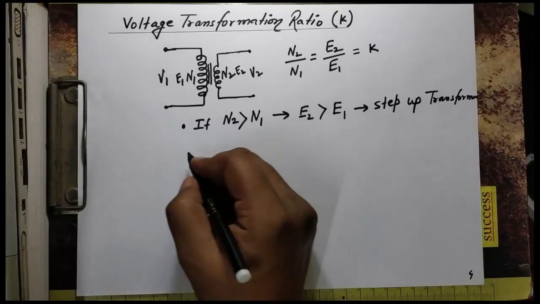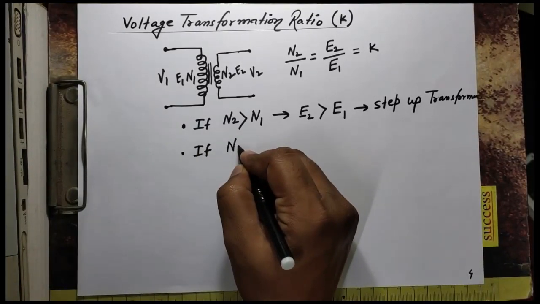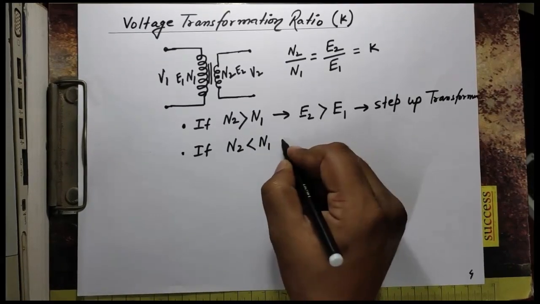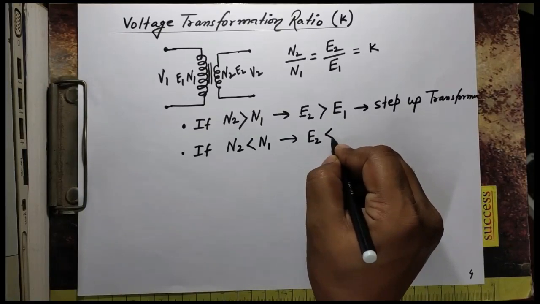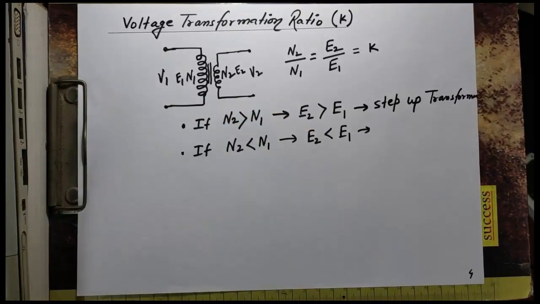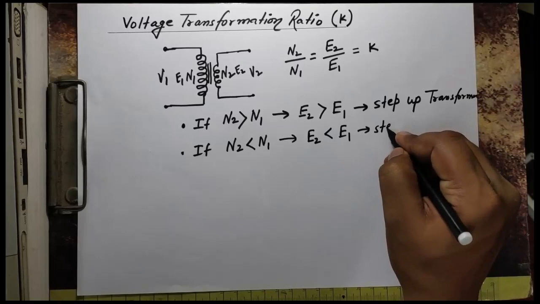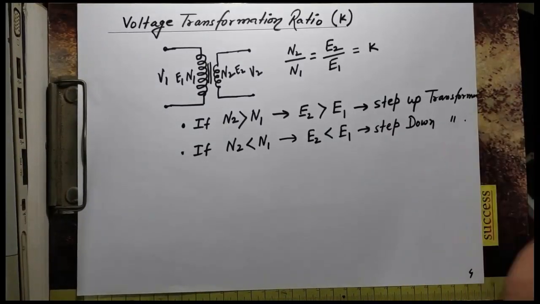Now if N2 is less than N1, it means E2 is less than E1. That means the output voltage is less than the input voltage, so this is a step down transformer.